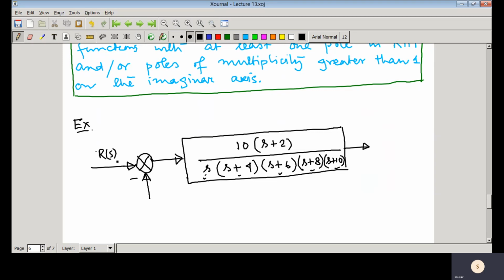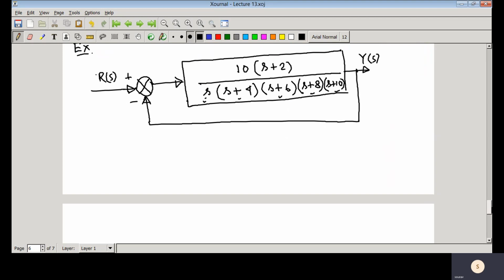This is R(s), this is the negative feedback, and if you close that loop, the closed loop response Y(s) by R(s) is G(s) by 1 plus G(s).